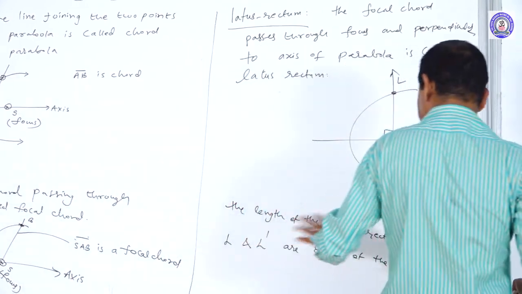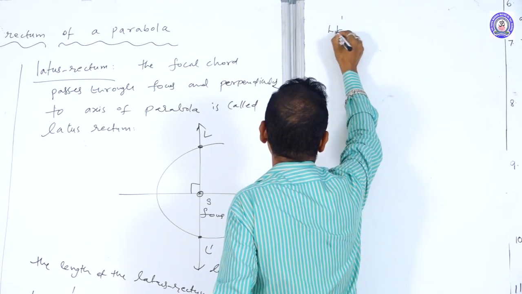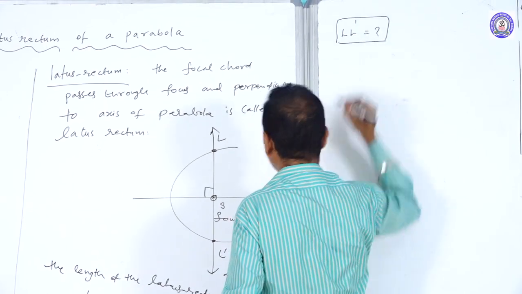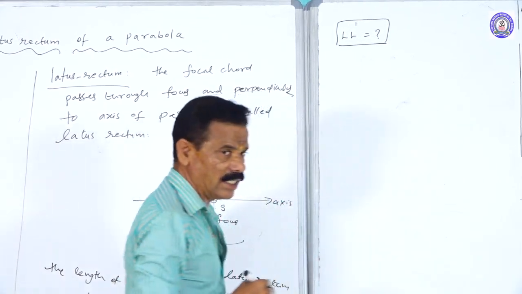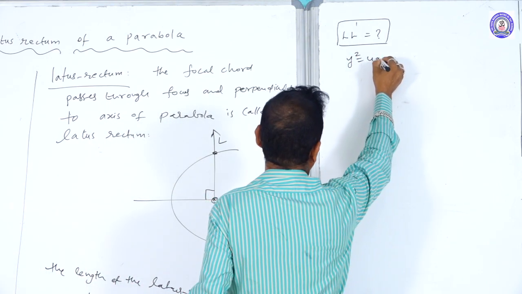So now we find LL dash. How do we find LL dash, the length of the latus rectum? So here y square is equal to 4ax, the parabola.